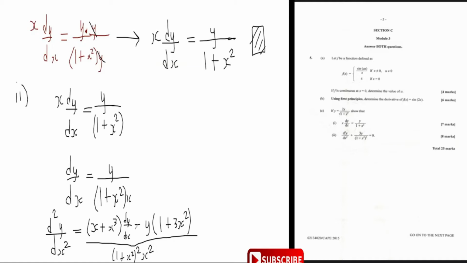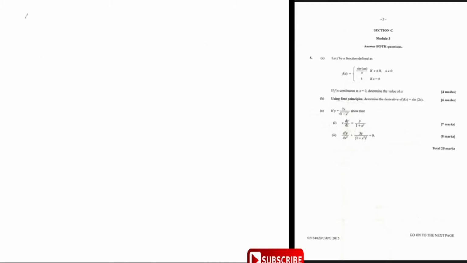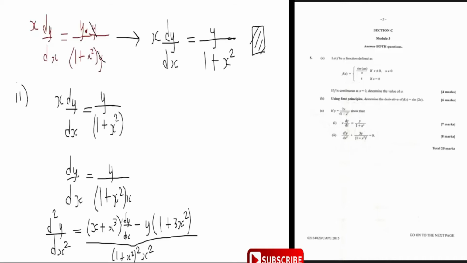So this is d2y by dx squared, equal to x plus x cubed times dy by dx, minus y times 1 plus 3x squared, all over this. Now I can go ahead and simplify.